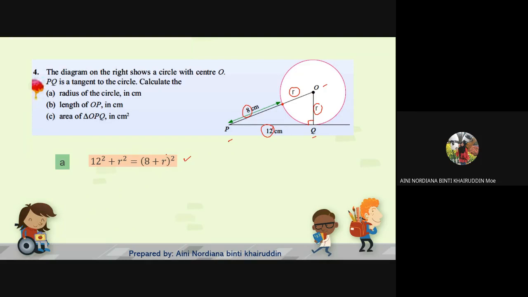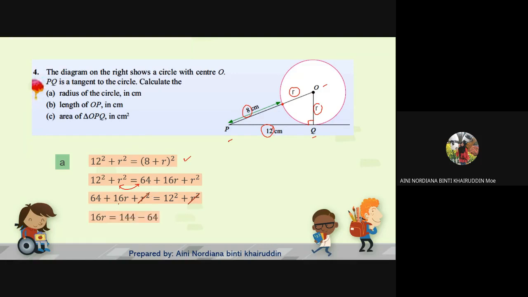First, you need to expand this, becoming 64 plus 16R plus R squared. Next, I change the position of these two, so it's easier for me to calculate the value of R. Since both sides have R squared, you can cancel out this R squared.